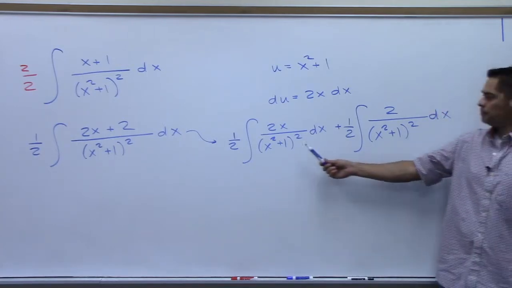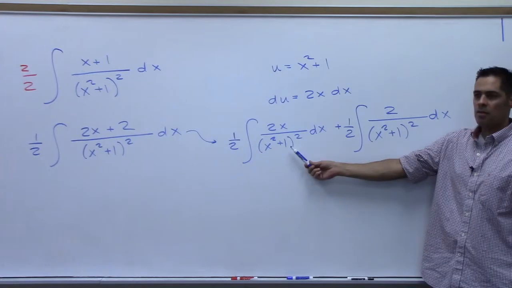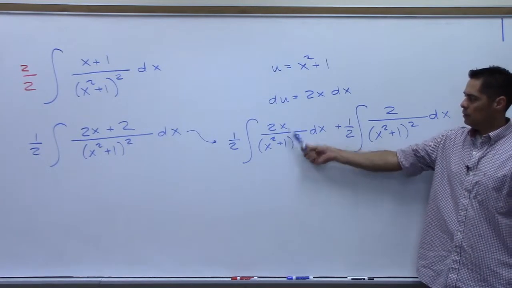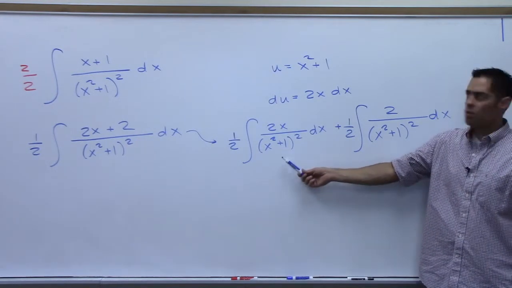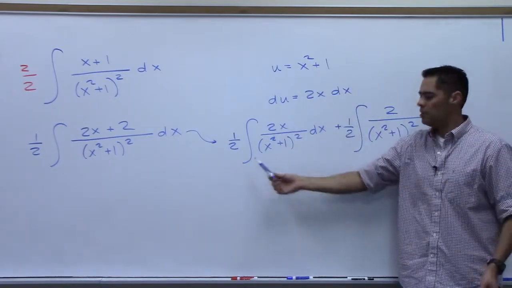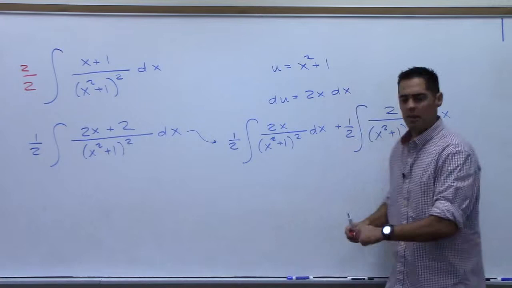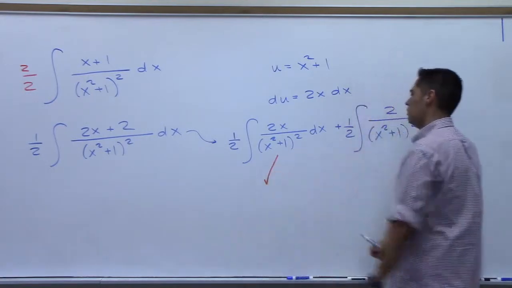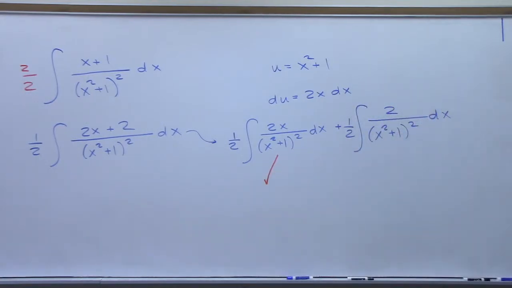This one, how can we do this one? U sub, right? U is this, du is right on top. So this one, can I just put a check mark without even doing it? Yeah. Okay. That was like one of the ones we already did, right?